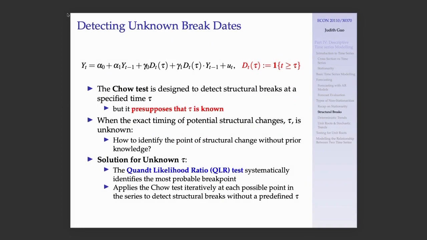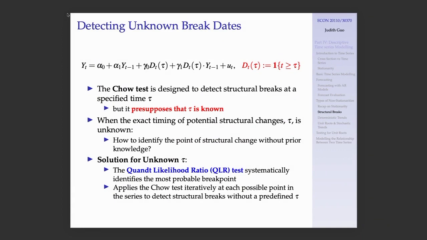When the exact timing of the potential structural change, the value of tau, is unknown, we can no longer use the Chow test, because the Chow test requires a predefined value for tau. In this case, we would need a different approach to test for unknown break dates.